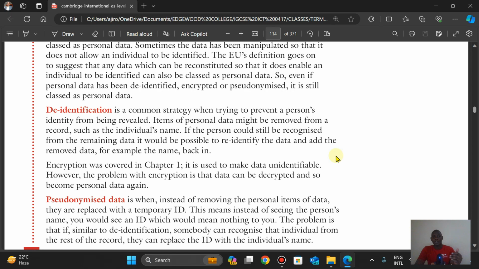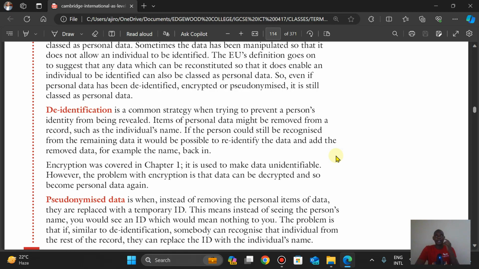If the person could still be recognized from the remaining data, it will be possible to re-identify the data and add the removed data, for example, the name, back in. So in this case, these items are being manipulated so that it prevents a person from identifying this individual.